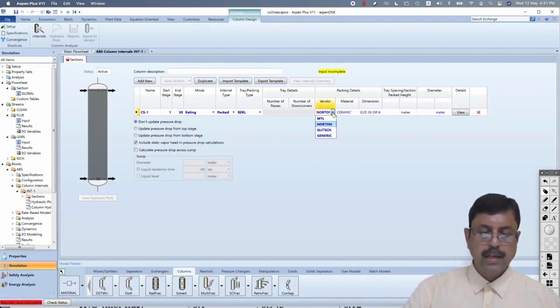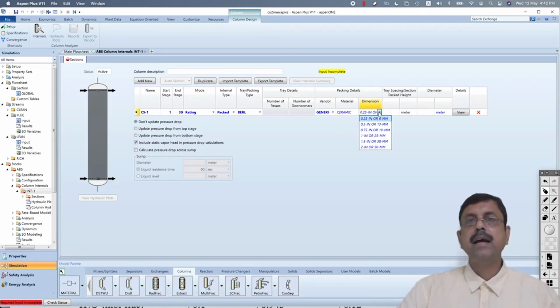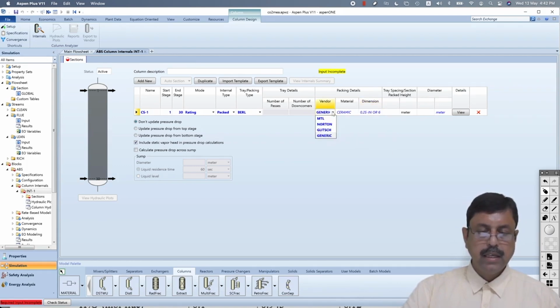Norton doesn't have it. Gliss also doesn't have it. What about generic? None of them has exactly 12.7. So let us choose 13 millimeter, the closest one. And we will keep the default one only. Let us not change it.